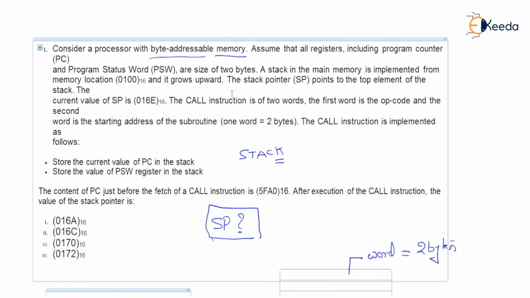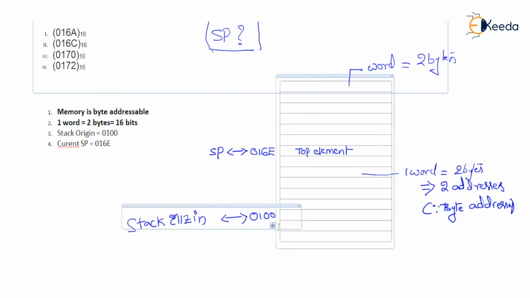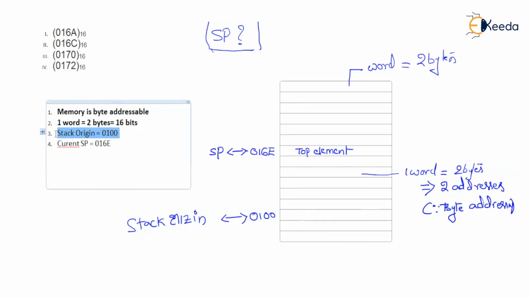Here, he is talking about a memory stack implemented in the main memory, originating from 0100. The base of the stack is 0100. From this location, the stack is designed and organized. The stack origin is 0100. This is the important additional detail regarding the stack.